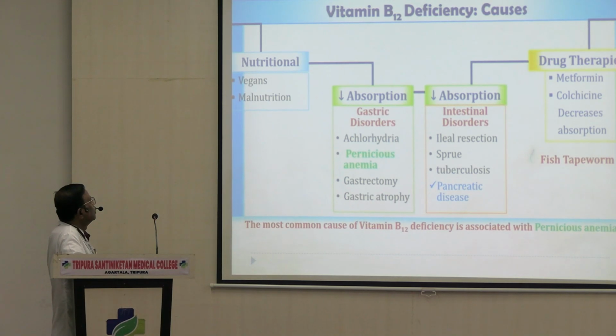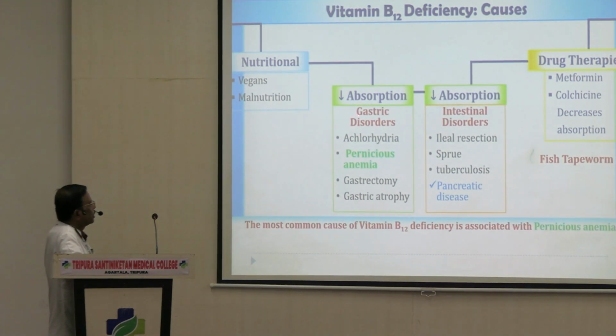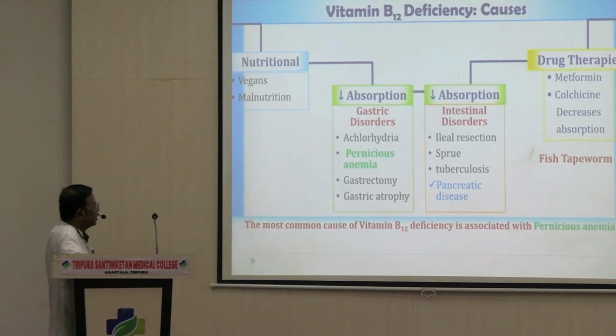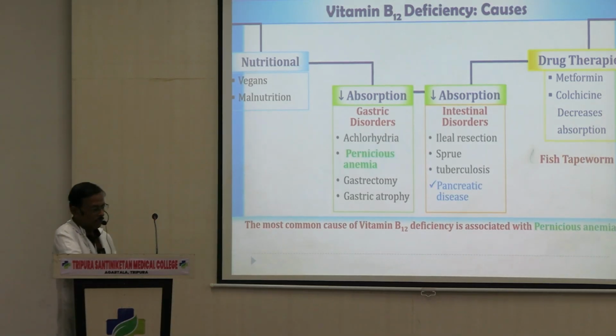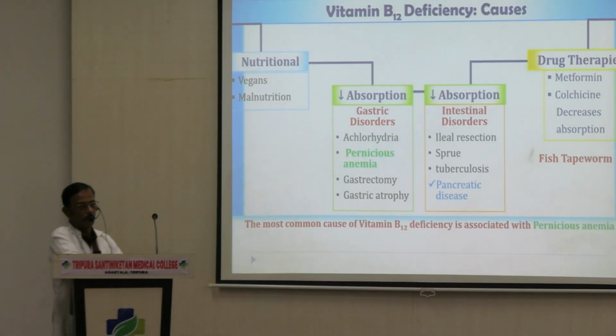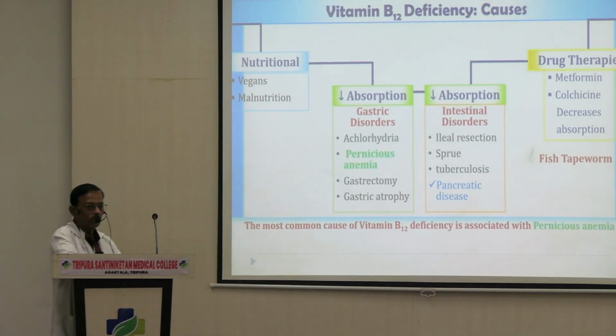Deficiency causes are gastric disorders like achlorhydria, pernicious anemia, gastrectomy, gastric atrophy. Pernicious anemia is very important. There is intrinsic factor deficiency in pernicious anemia. It is an autoimmune disease, with antibodies against the parietal cells of the stomach.